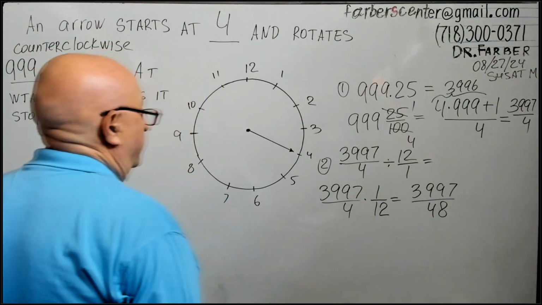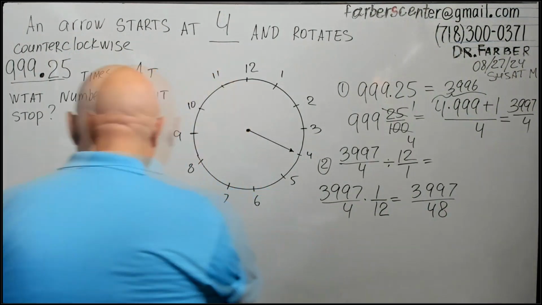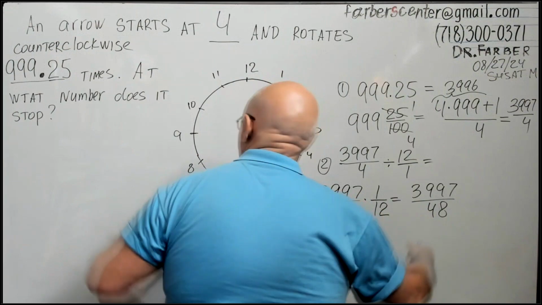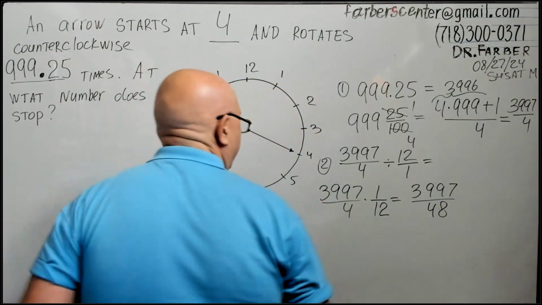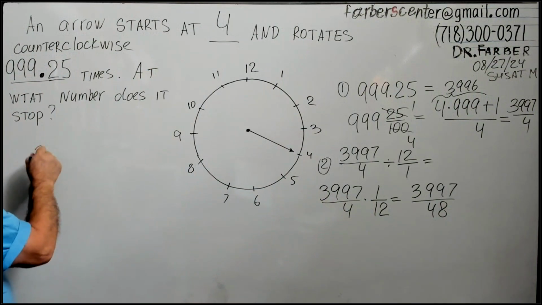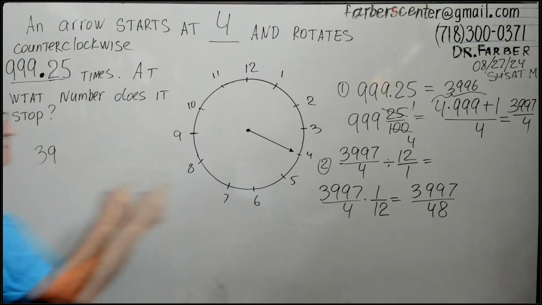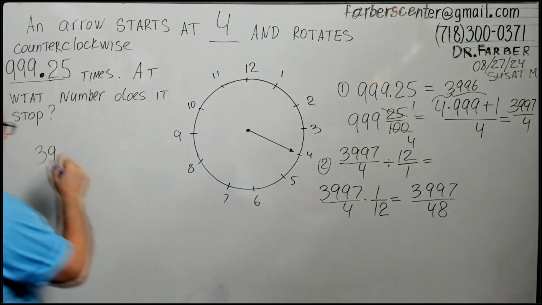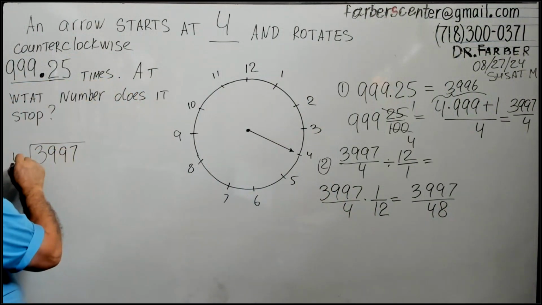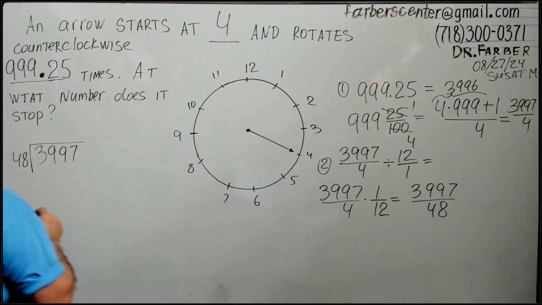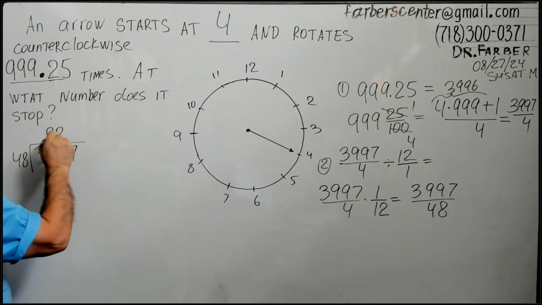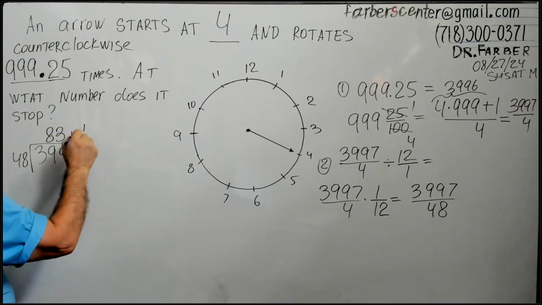So the next step, let me divide to see how many times 48 goes in 3997, in a spare space. 3997 divided by 48, like you did, long division. And I give you the result: it's 83, remainder 13.